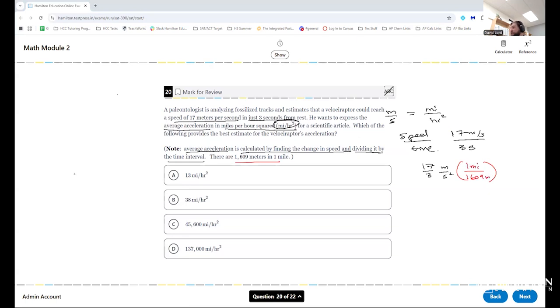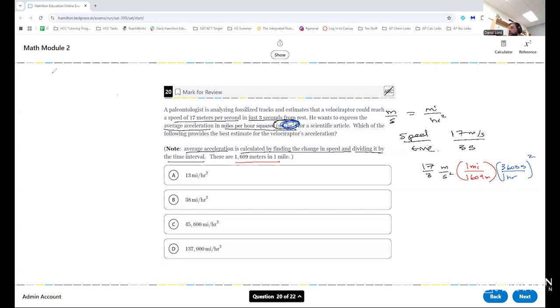Next, we have to convert for the time. You could do seconds to minutes and then minutes to hours, but I know that for every hour, there are 3,600 seconds, otherwise known as 60 squared. But that would only cancel out one of the seconds. So because the units are squared, we need to square that conversion.